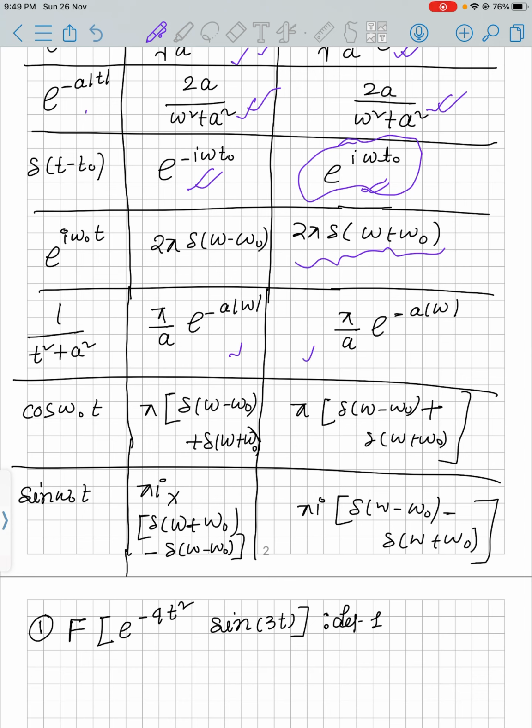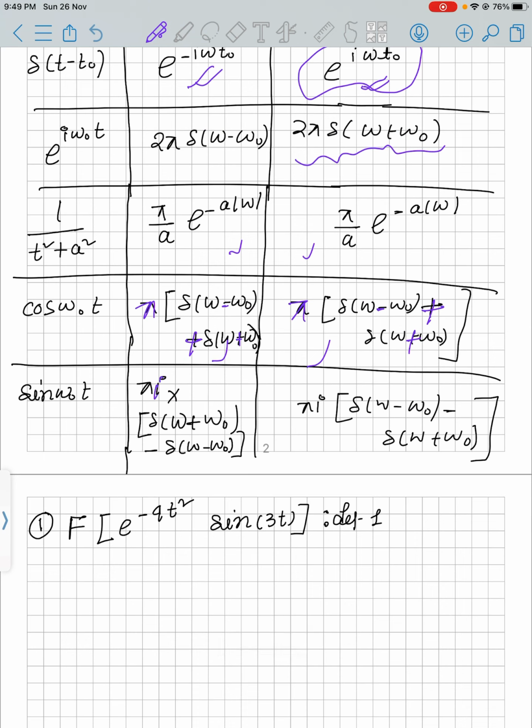The cos function you can also note like that. So you can remember one is minus in the delta function and this is plus in the delta function, and here also one is minus in the delta function, one is plus in the delta function. Okay, and now between these two we use a plus sign, and before that we use pi. Now for sine we add i.